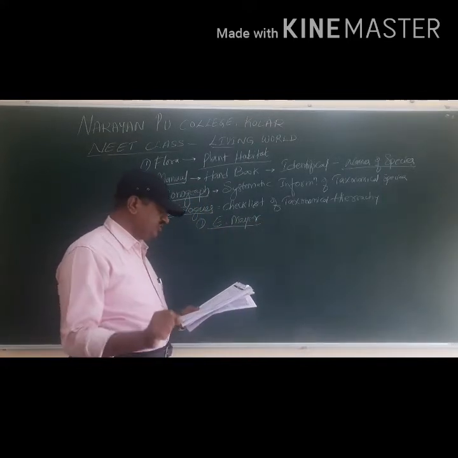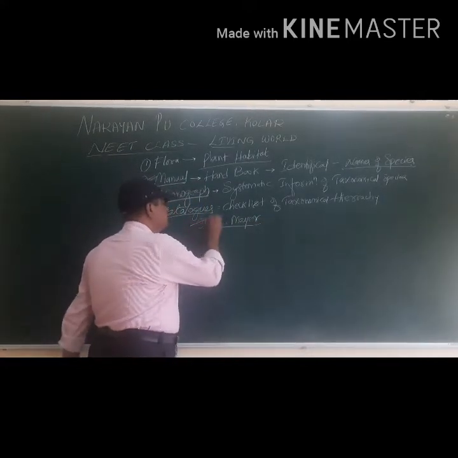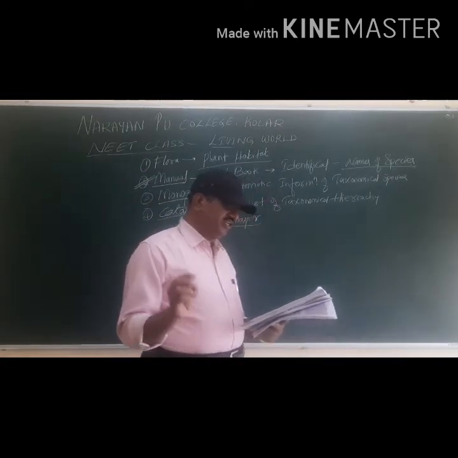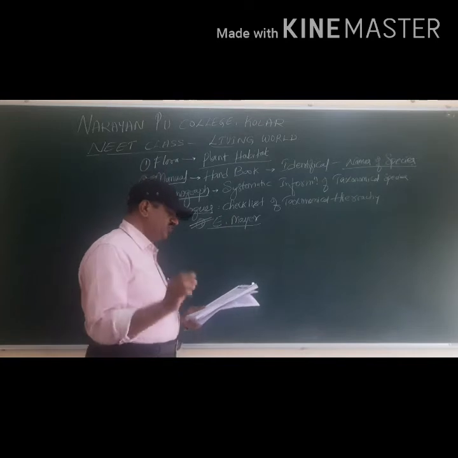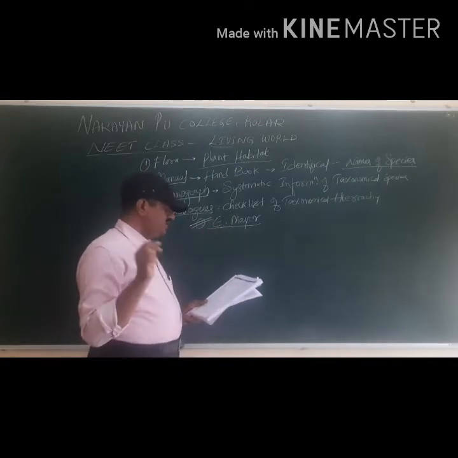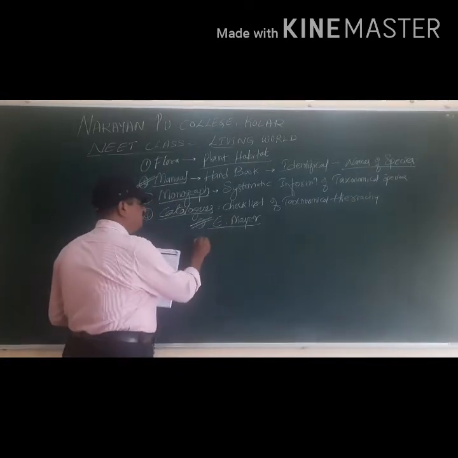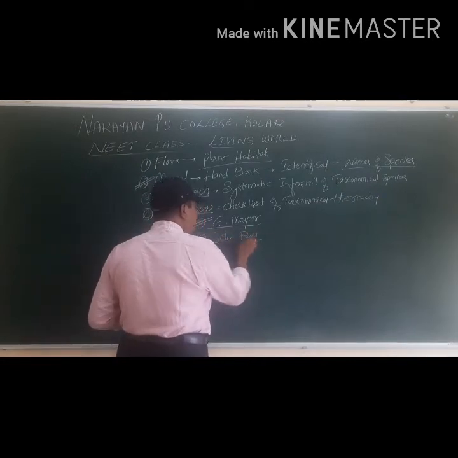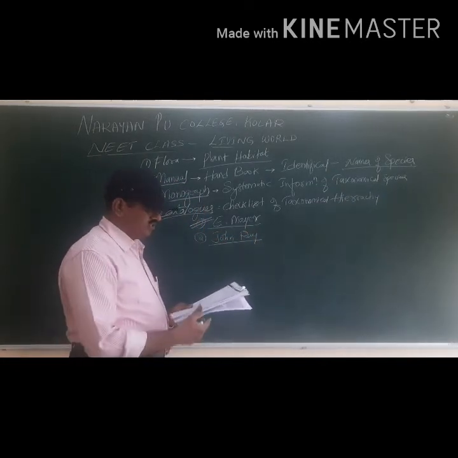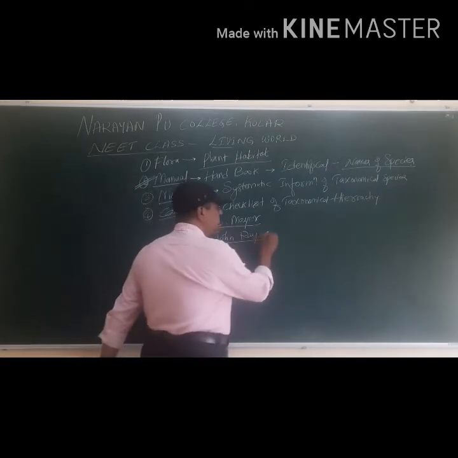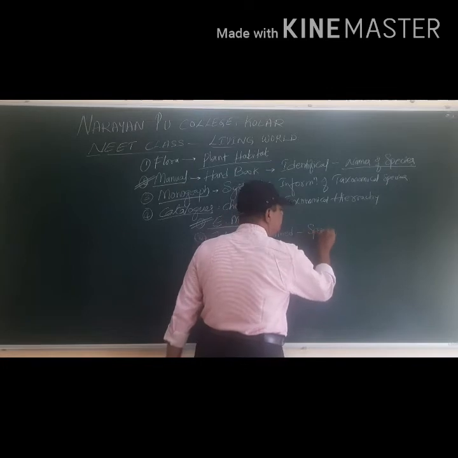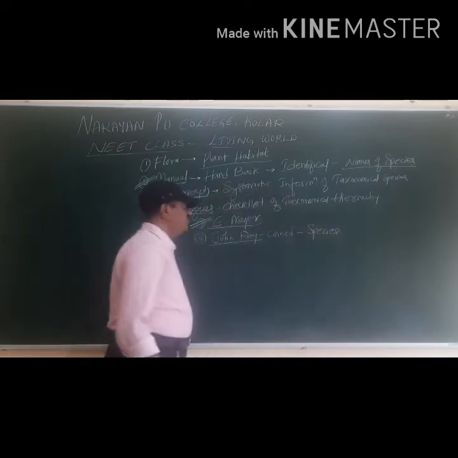This person, Ernest Mayr, is the right answer, the definition of species was given by Ernest Mayr. The second person is John Ray. John Ray coined the word species. So this is not the answer.